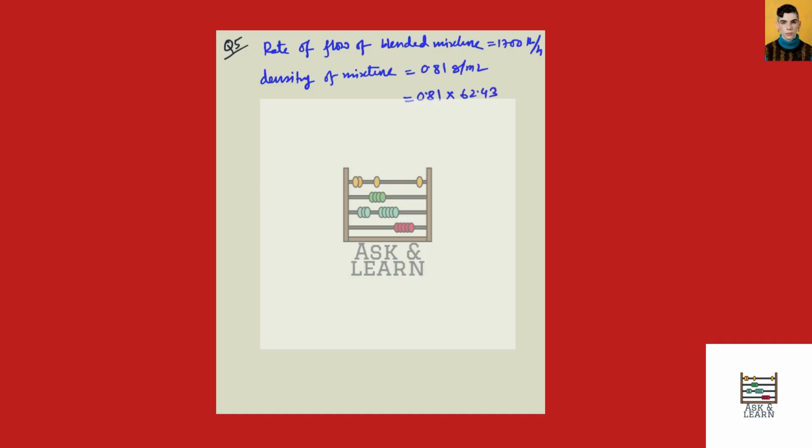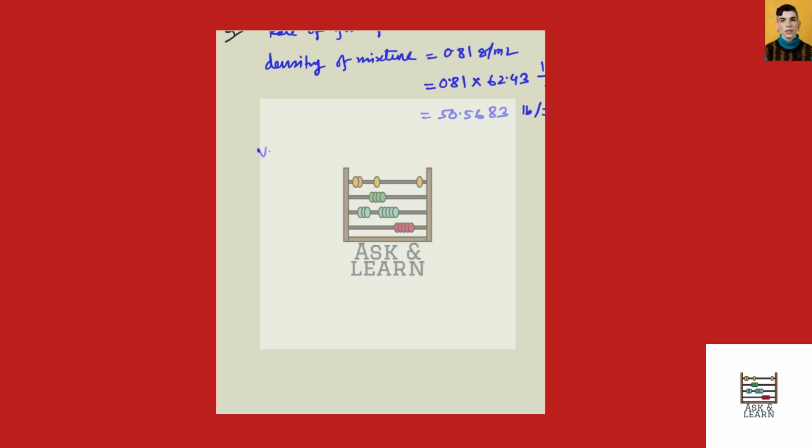We need to multiply by 62.43 to convert gram per milliliter to pound per feet cube, so the density is 50.5683 pound per feet cube. Therefore, we can calculate the volume of the fluid mixture. The volume of the mixture is the mass over density.